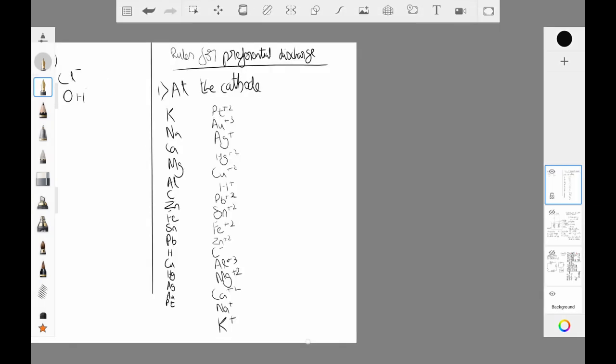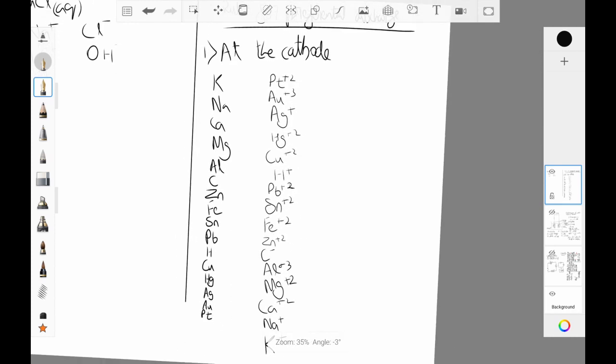Right, so these are the rules for preferential discharge. The first rule applies only to cathodes. Now, the series that you see on the left is called the reactivity series, and as you go from top to bottom, the reactivity of metals decreases.